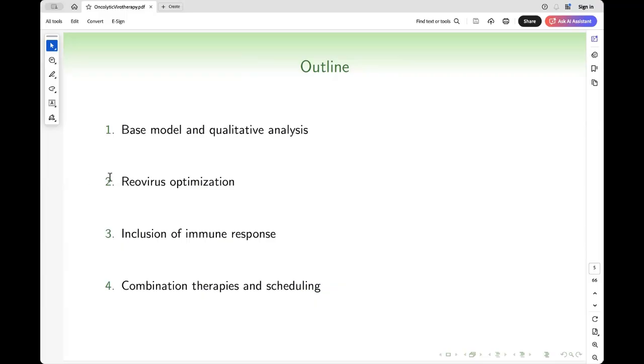Reovirus is a very particular virus type, and we have a lab at the University of Alberta where they study reovirus, and so we work with them to try to optimize the effect of reovirus. Then I include the immune response because I said earlier that the immune response is very important. And then finally, I come to combination therapies of oncolytic virus and immunotherapies and see how maybe they can be optimized as well. Okay.